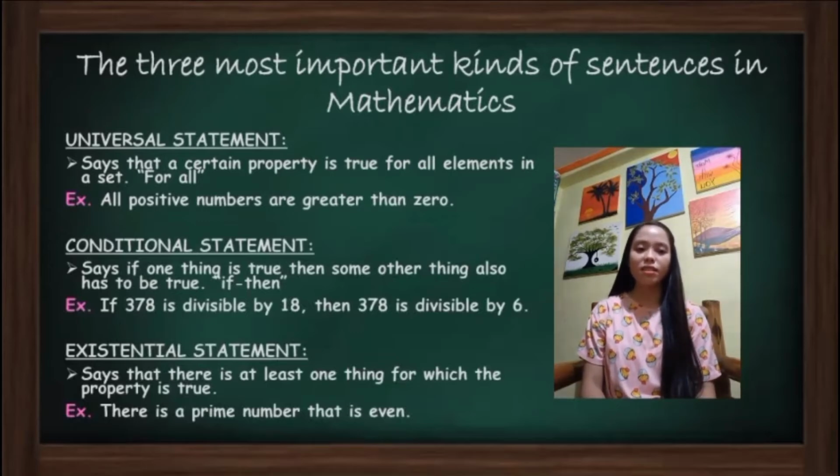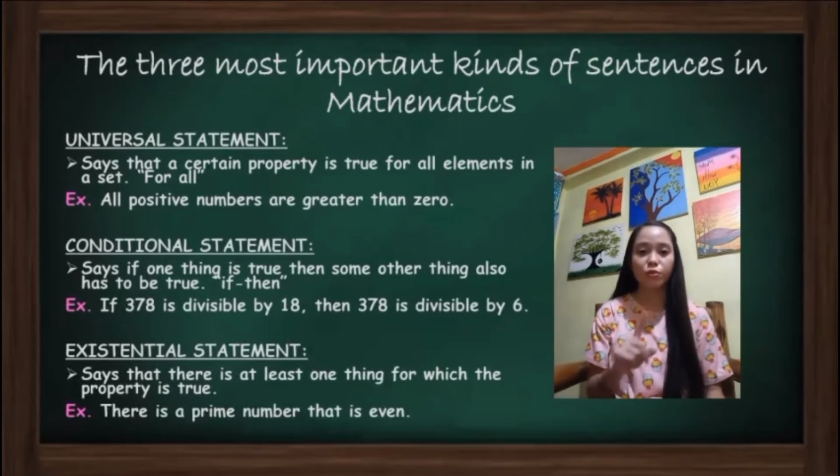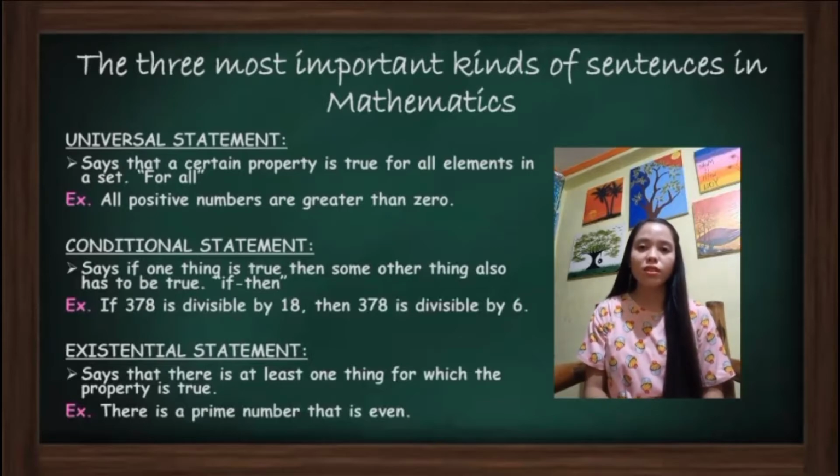So that is a universal statement. For example, 1 times 1 is of course 1. 1 times 2 is of course 2.